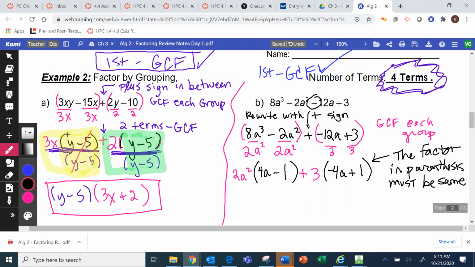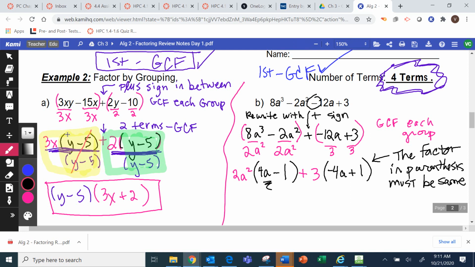They're pretty darn close, but they're not exactly the same. So I have to manipulate this a little bit further. When I took out that positive 3, that left me with a negative 4, but I look over here and I actually want a positive 4. What else could I take out of this first term so I could be left with a positive when I'm done? How could I manipulate what I'm taking out so that this becomes a positive 4? What do I still need to take out so it's not negative anymore?